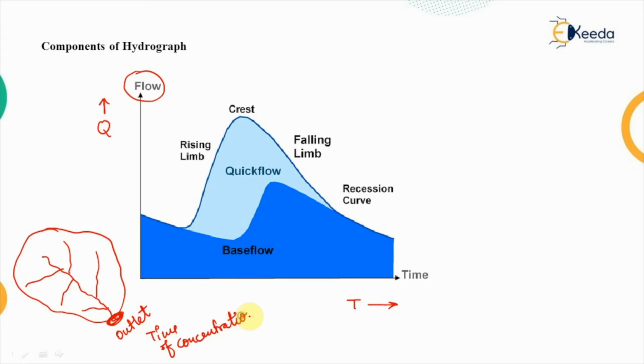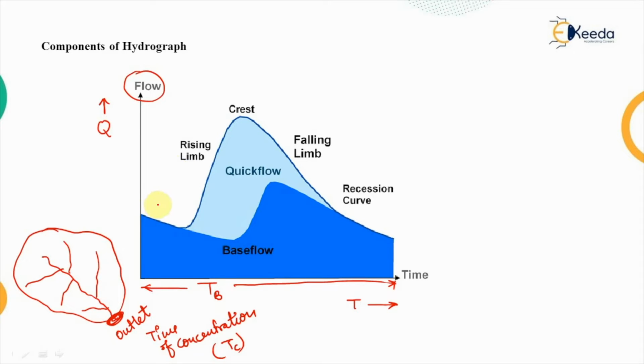So usually that is the maximum time which would be taken by the water droplet, and that is usually equal to the base period that we represent by TB. Because ultimately the water droplet that is at the maximum distance will take the maximum time to reach the outlet. Now what are these components?